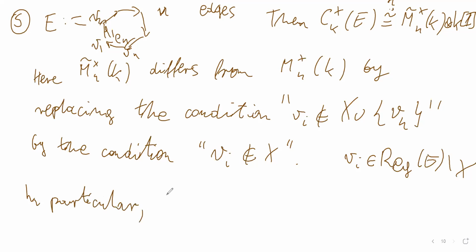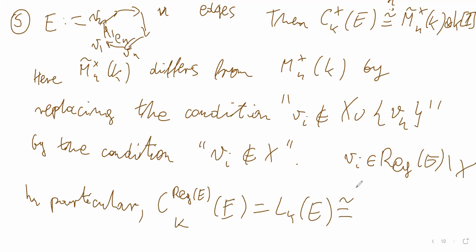we have that the Leavitt algebra, so if you want, C regular E, K_E, which is just the Leavitt algebra of E, is known to be isomorphic with n by n matrices tensor product with Laurent polynomials, or you can write it down as Laurent polynomials with coefficients in the matrices, M_n(k), and here Laurent.